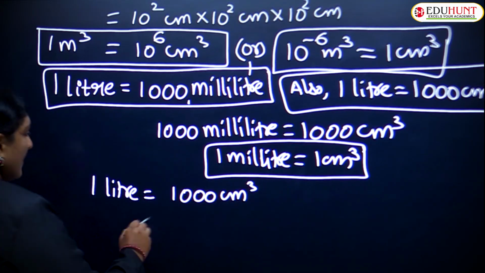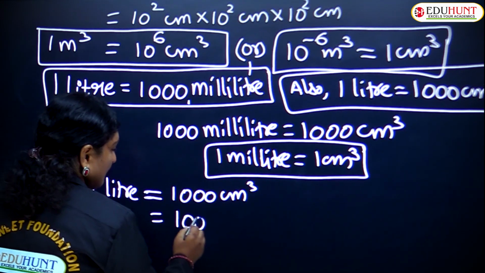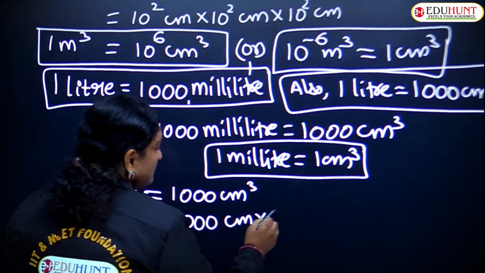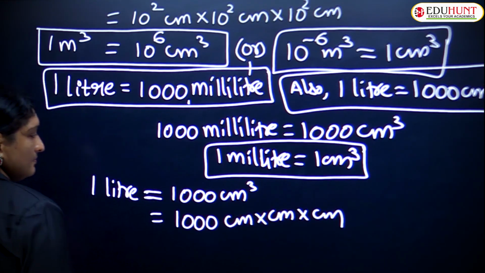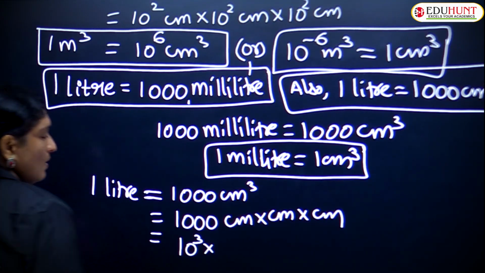Centimeter cube can be written as centimeter into centimeter into centimeter. So 1000, I write as 10 power 3.